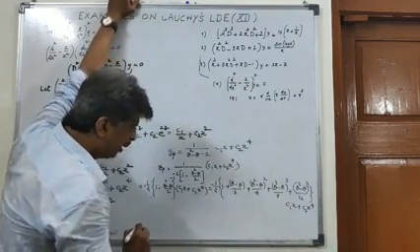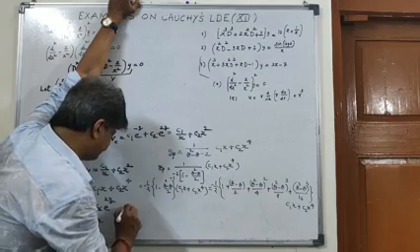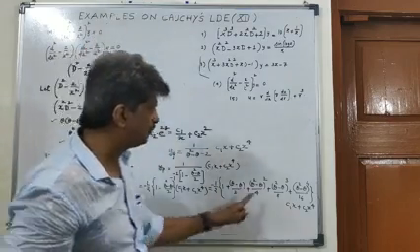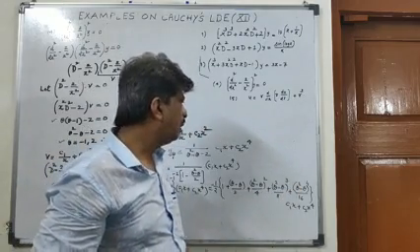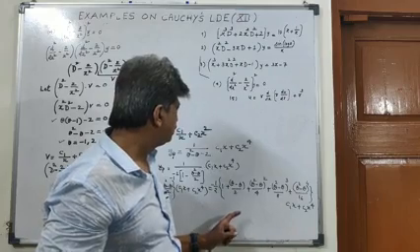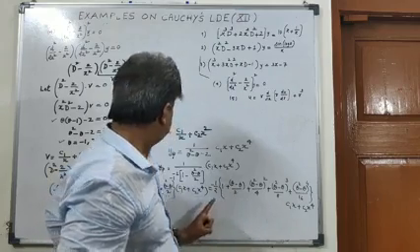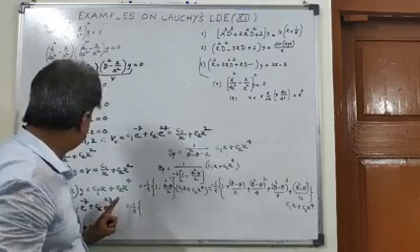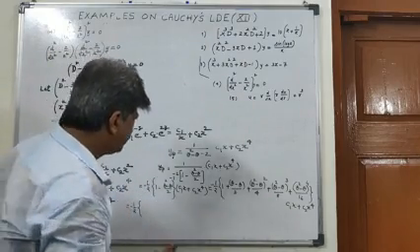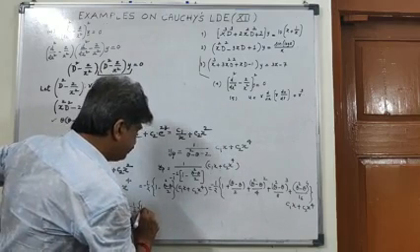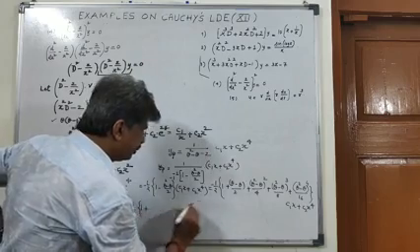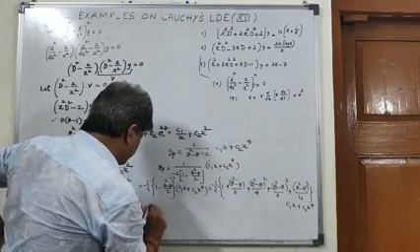That is further equal to minus 1 by 2 times. Now let me simplify this. This is 1 plus theta by 2. Sorry, it is theta square by 2.